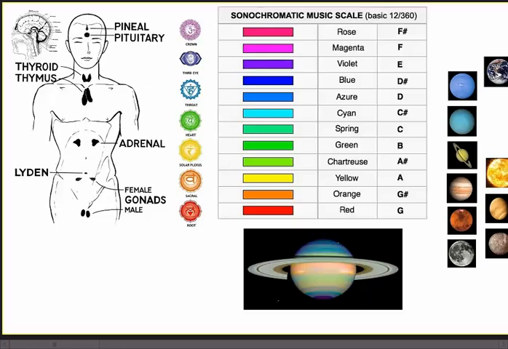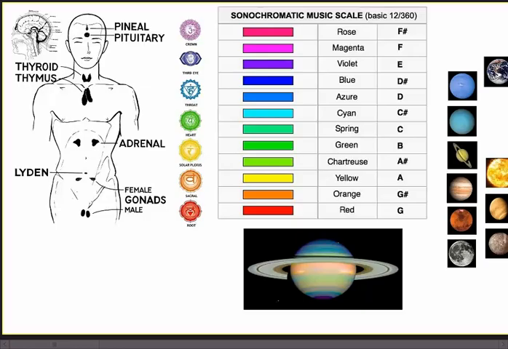The actual chromatic scale, which is a division of the octave into 12 notes, is as shown here, and it equates to the colors as shown here, which equate to all the other colors. And everything that has 7 or 12 is basically also arranged as such.